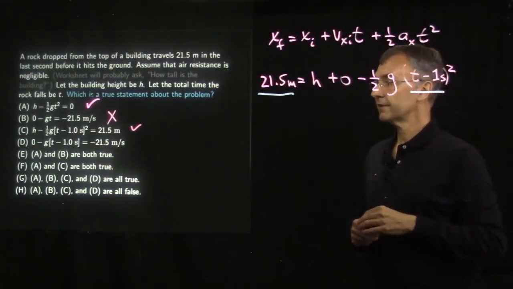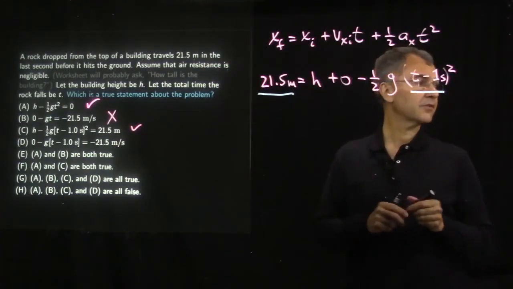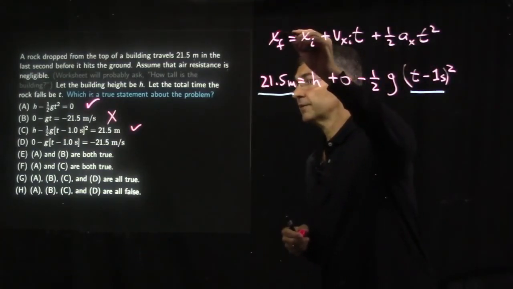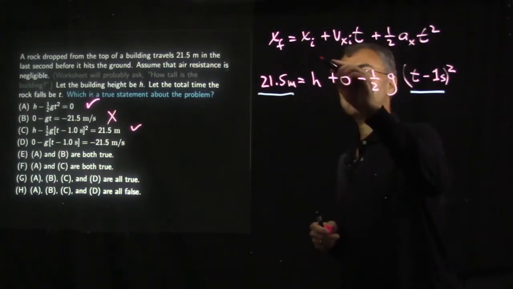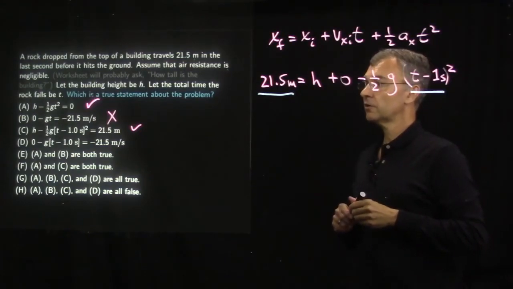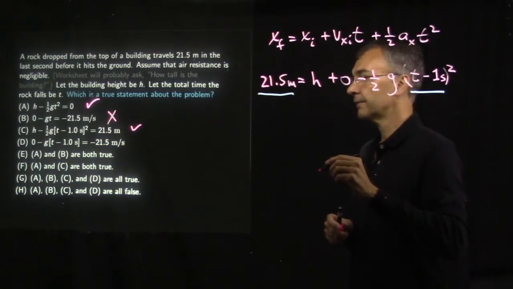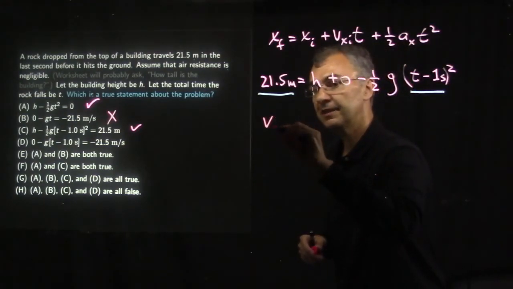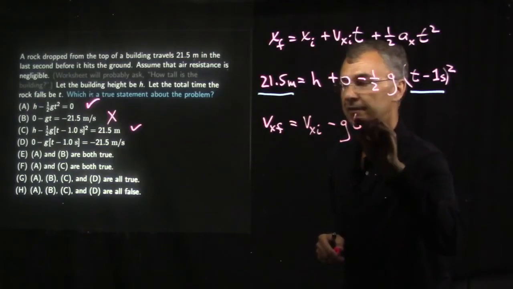What about, oh, what in the world? Oh, I think I see what that's saying. So this should be saying Vx final is Vx initial minus gt.